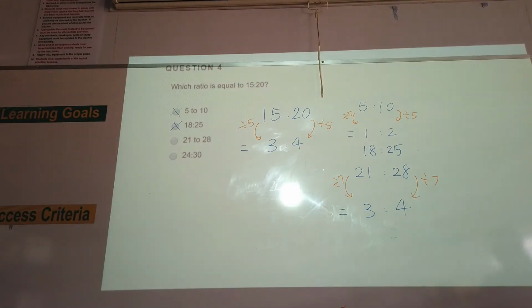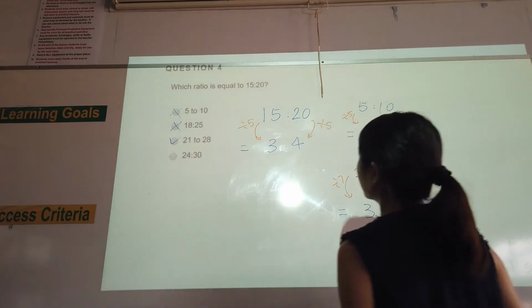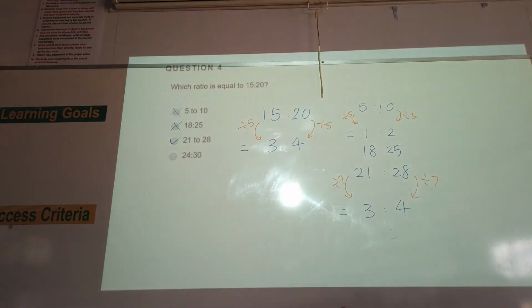And that is equal to 3 to 4. So this option is correct. The ratio 21 to 28 is equal to 15 to 20.